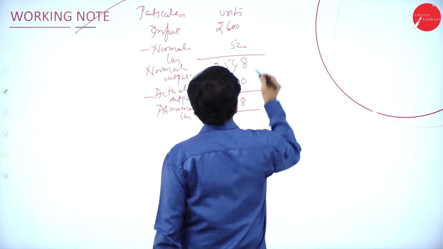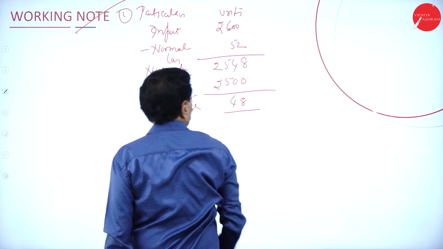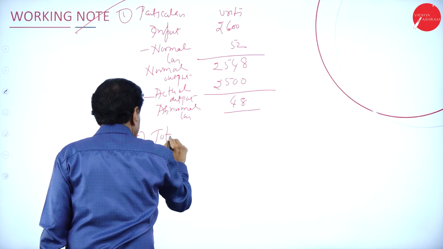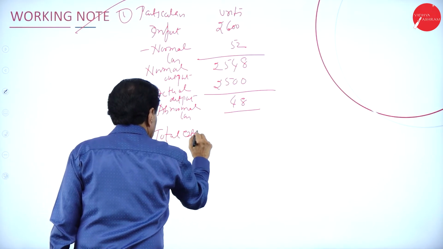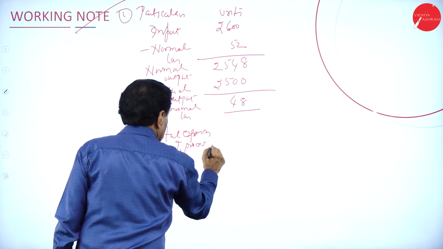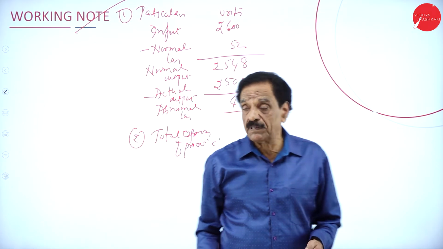Working note number 2. Total expenses of process C. We'll add the expenditure.